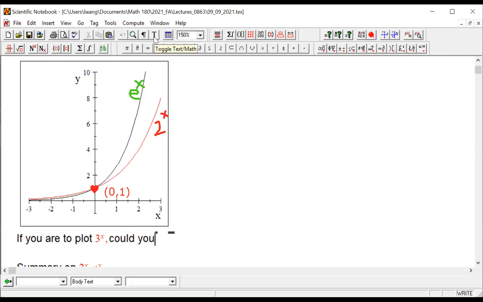Could you sketch it with relative position in mind? Just put on your thinking cap. There's no pressure whatsoever, because this is kind of to recollect your sense of numbers and about the base.